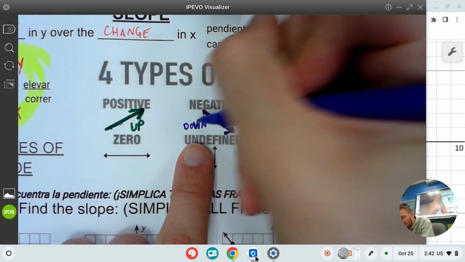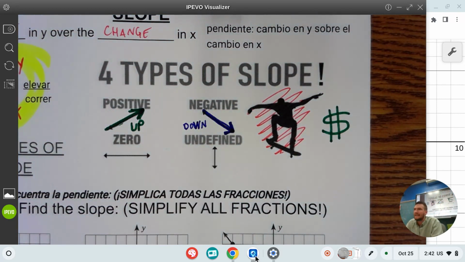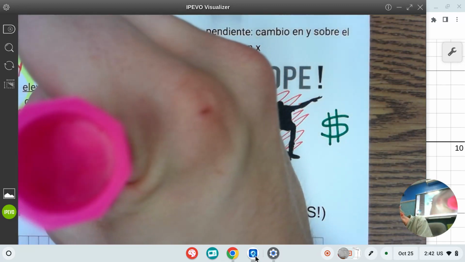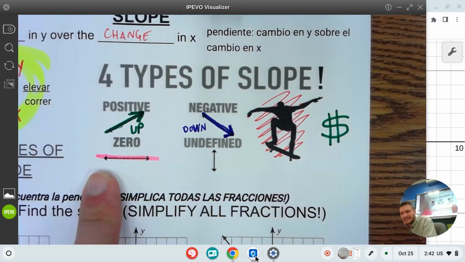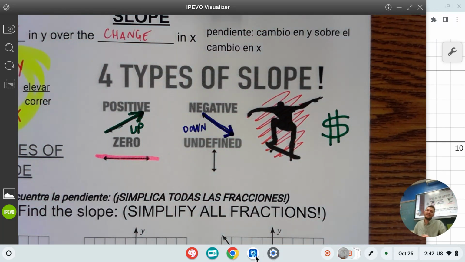Now, you're probably thinking, this is kind of easy so far. Money goes up, that's a good thing. Money goes down, that's a bad thing. Pretty much. This is a pretty easy day. Now, what about this one? If you look at your bank account and it is completely straight across, is it going up? No. Is it going down? No. You're not losing money.